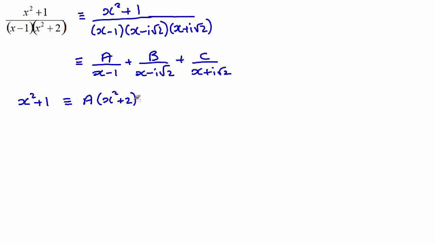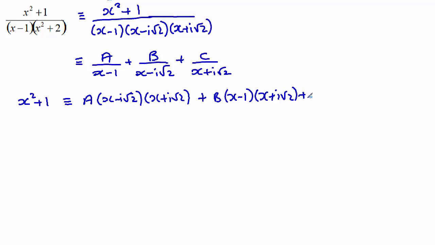Although actually thinking about it, it might be best to leave it as x minus i root 2 and x plus i root 2. With the B, the x minus i root 2 would cancel, so we'll end up with x minus 1 and x plus i root 2. And for the C, that will end up with an x minus 1 and the x minus i root 2.